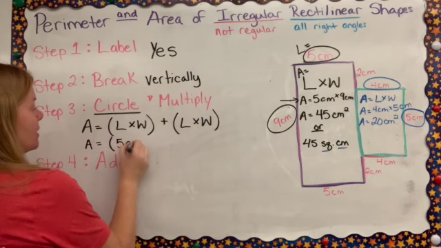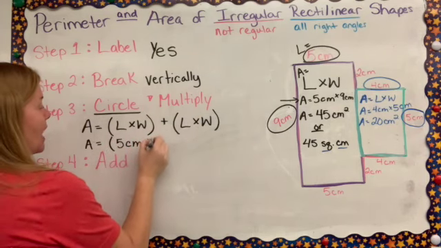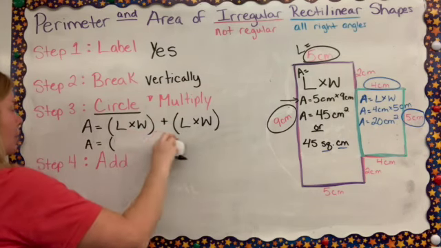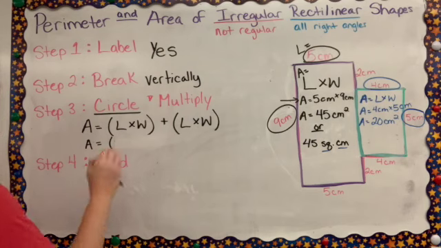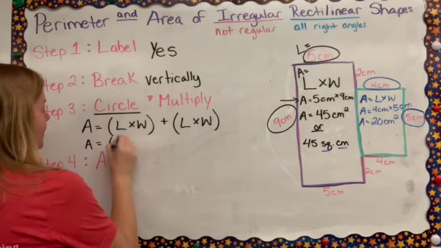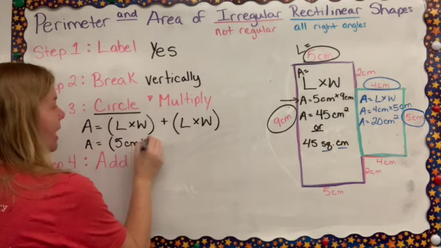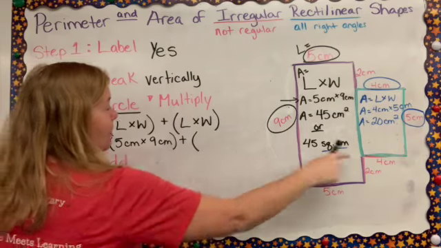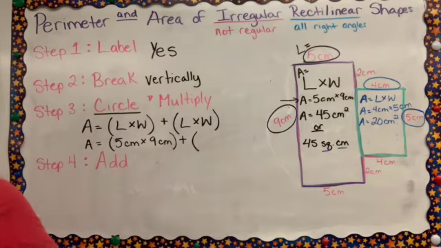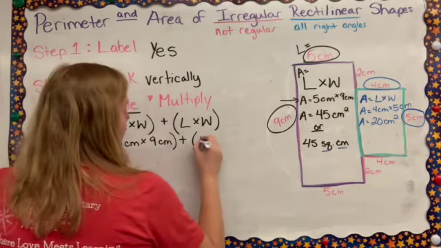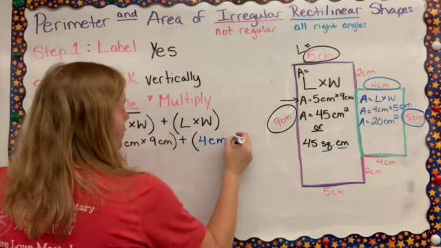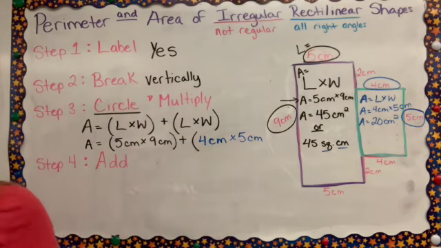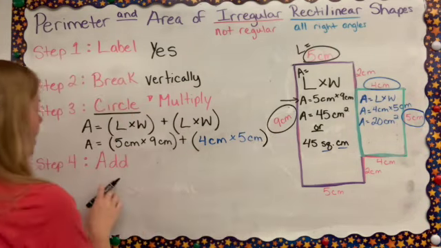Keep it in parentheses. 5 centimeters times 9. Actually, I'm going to put the colors in to help you see. 5 centimeters times 9 centimeters plus my second rectangle was 4 centimeters times 5 centimeters.